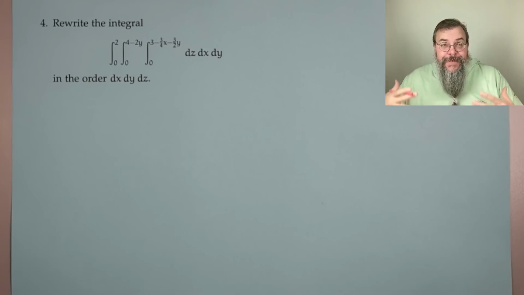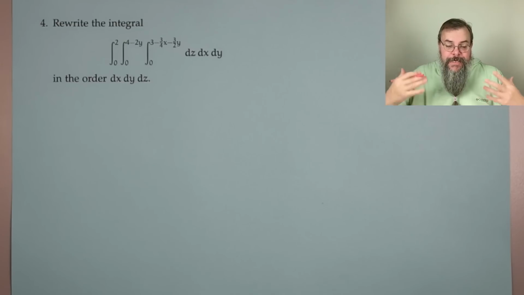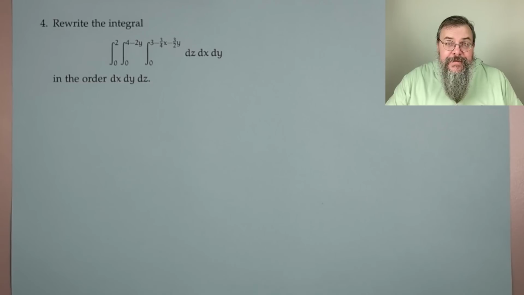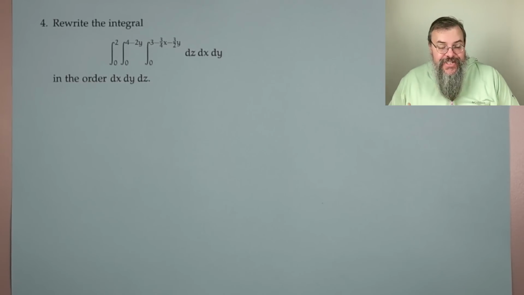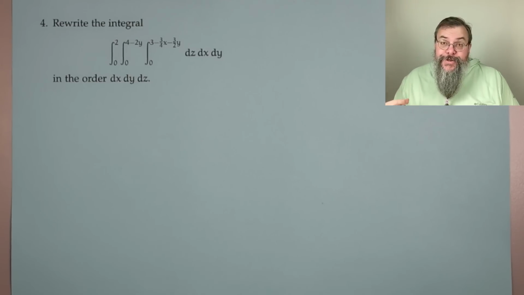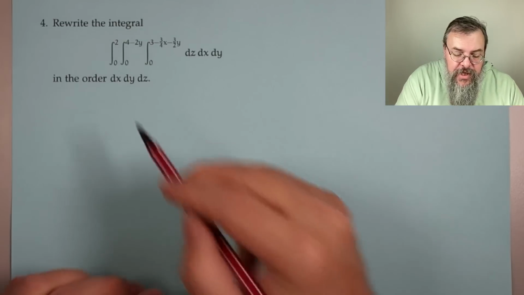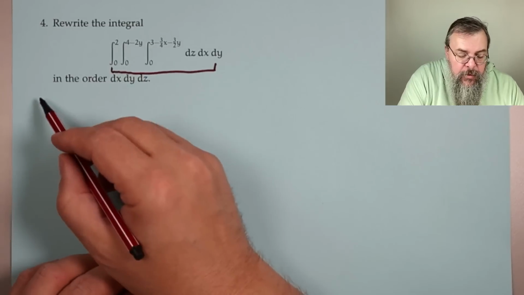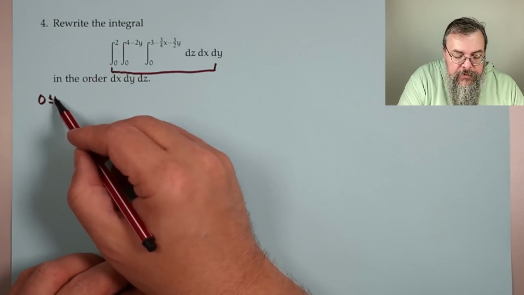So it's time for us to say, can we understand 3 dimensions? These kinds of problems are some of the most challenging because you have to sort of say, what's going on? So let's talk about what's going on. We'll start with our outer layer and work in. We're told that y is going from 0 to 2.